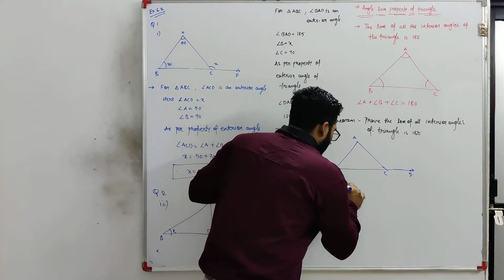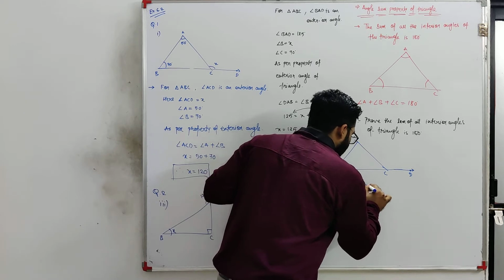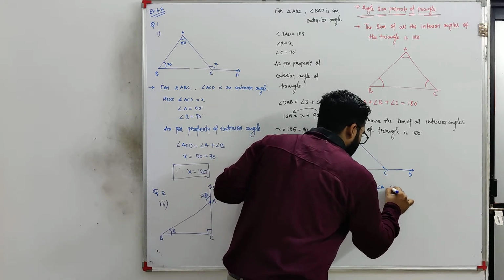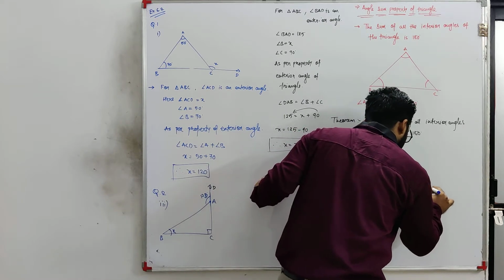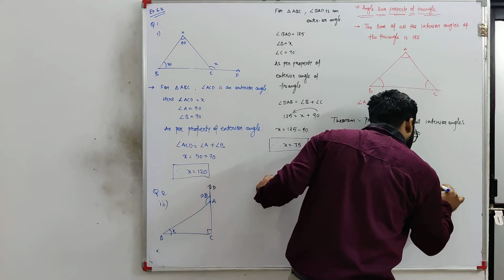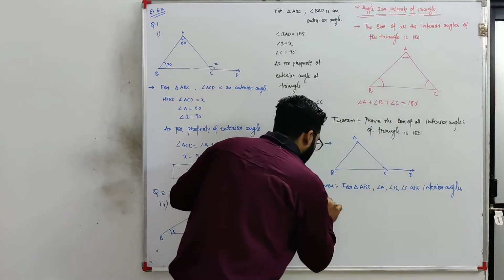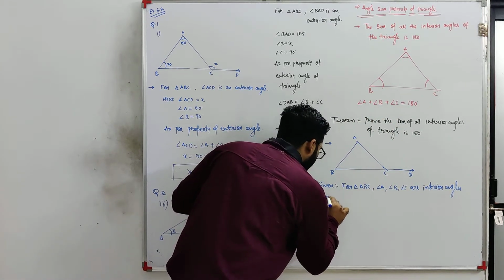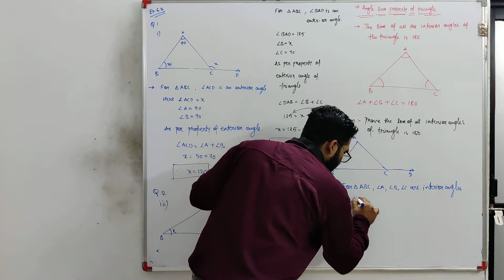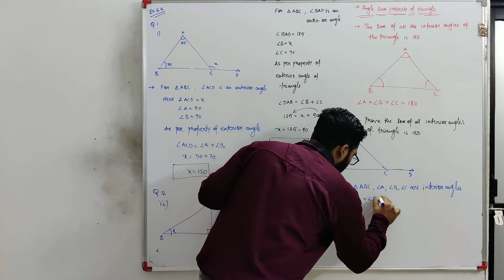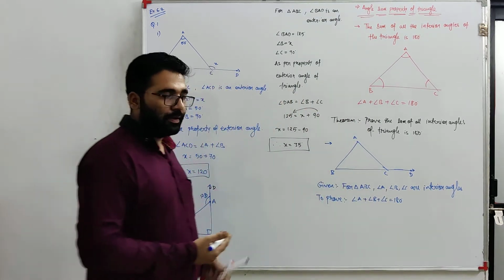For triangle ABC, angle A, angle B and angle C are interior angles. Now, to prove, what I need to prove? I want to find that angle A plus angle B plus angle C is equal to 180 degree.